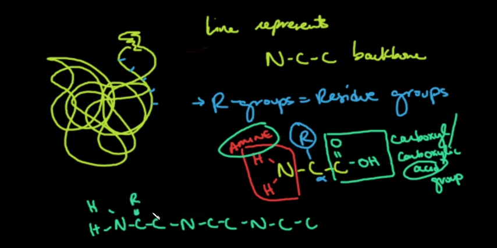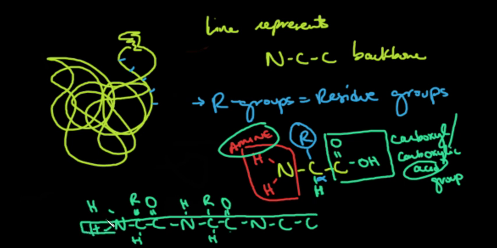So this still is the R, this is the double bonded oxygen, this has a hydrogen, sorry, remember carbon has 4 bonds, I forgot that hydrogen in there. That nitrogen only has one hydrogen connected to it. This has an R group. This is double oxygen. This is an H. And so it's this NCC backbone, this NCC backbone that's represented by that yellow line.